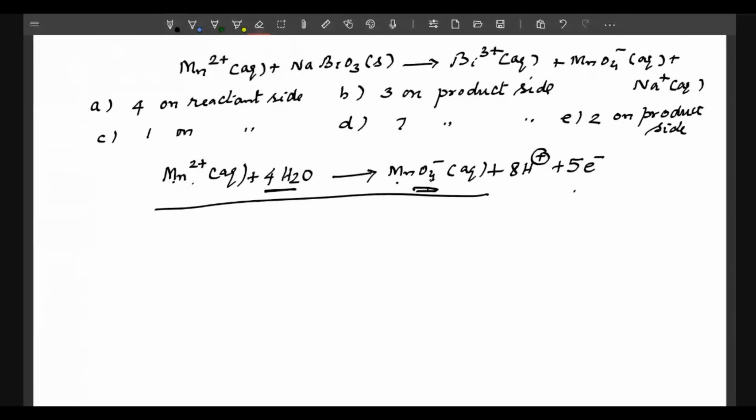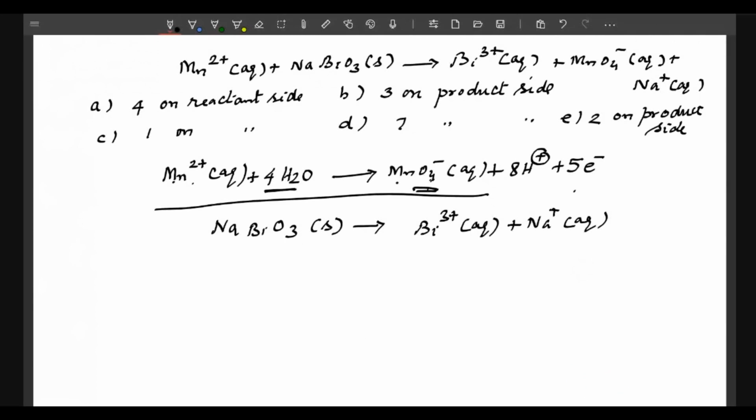It should be balanced with sodium bismuthate. Sodium bismuthate, NaBiO3, solid, giving Bi 3 plus aqueous plus Na plus aqueous. This is the given. Now we are going to balance this half reaction.